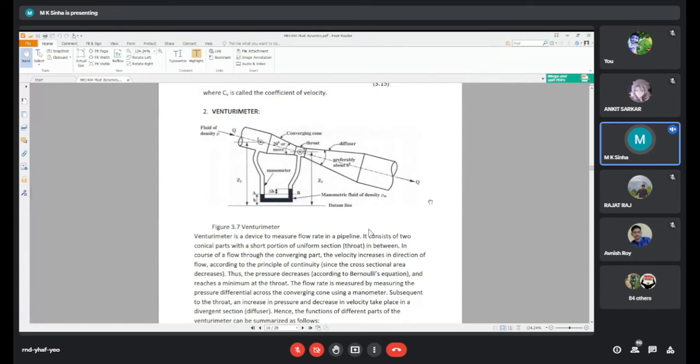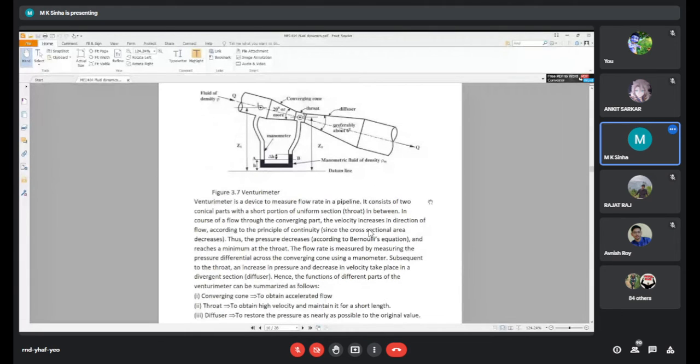The starting tube is converging type, that is the first part is converging. Then it is the uniform area, called the throat, and then the exit, connected to the other part of the pipe, is diffuser, diverging. So it is called converging cone, diverging zone, and throat. So all these are the three portions.